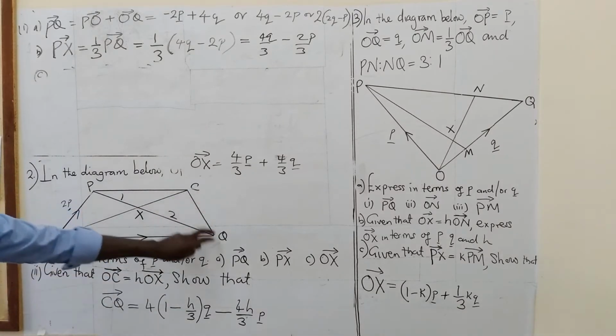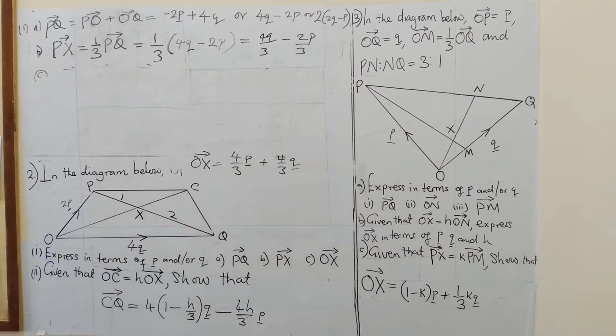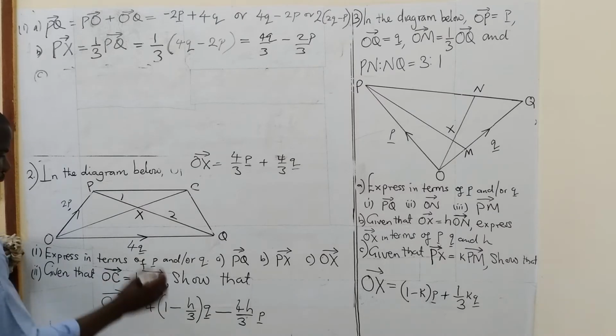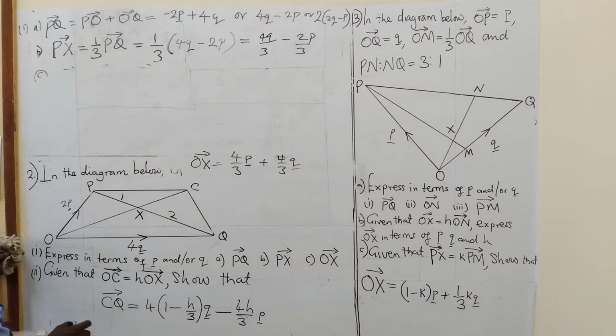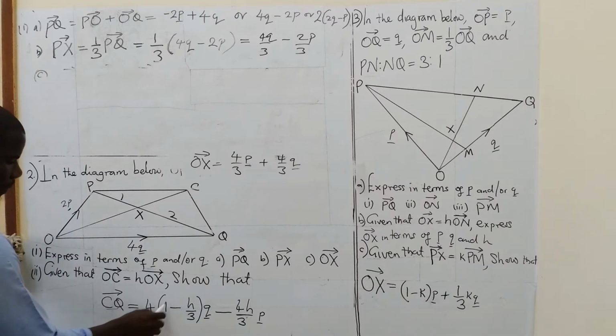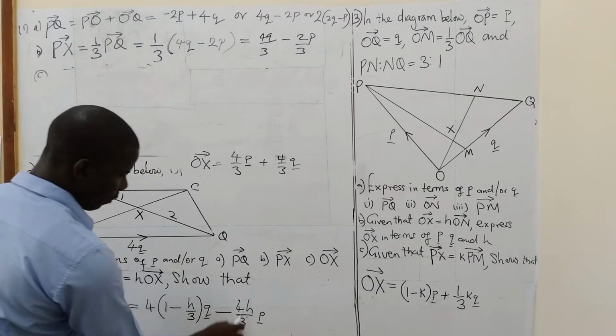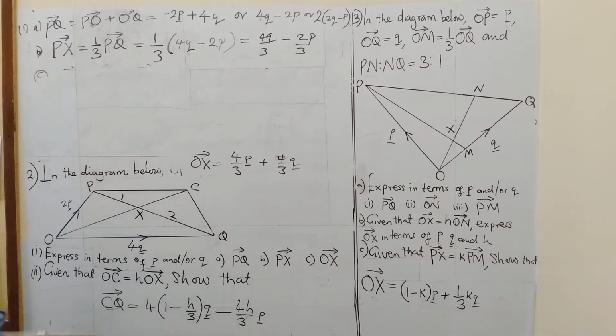CQ here. Given that OC is equal to h OX, show that CQ is equal to 4 open brackets 1 minus h over 3 close brackets q minus 4 over 3 h p.